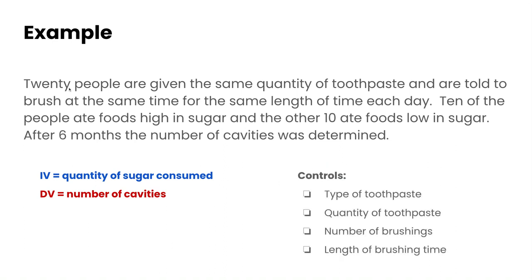And finally, some controls are given throughout the question. So, same quantity of toothpaste, same time of day, same length of time each day. And so we could list those ones here. Type of toothpaste is also another one that could be a control variable.